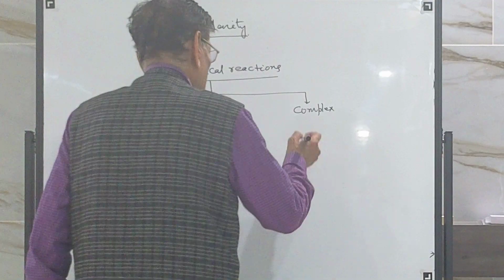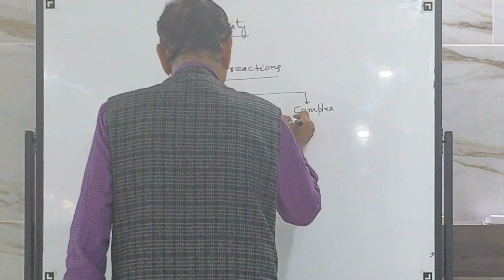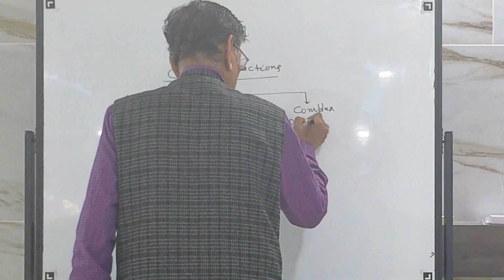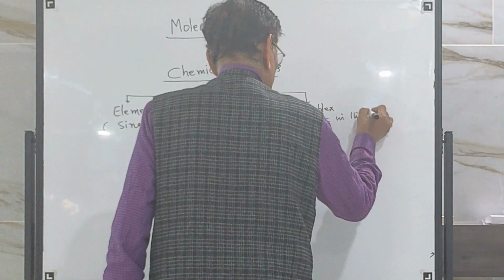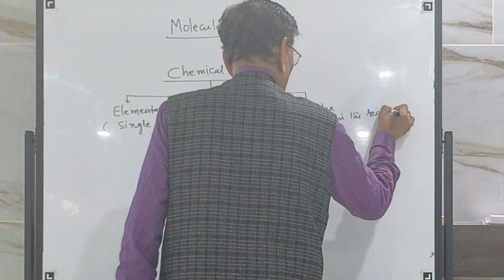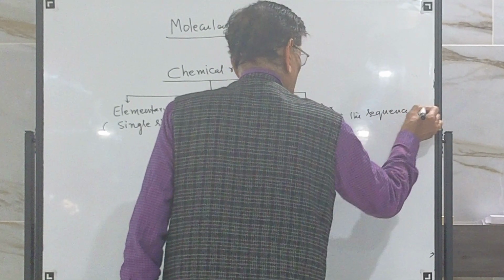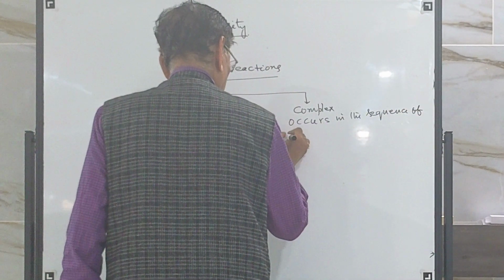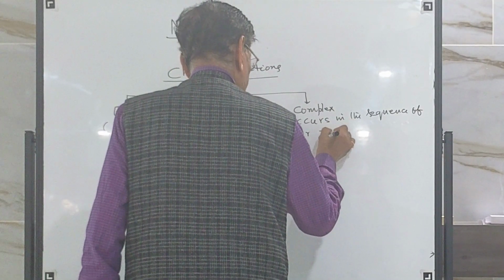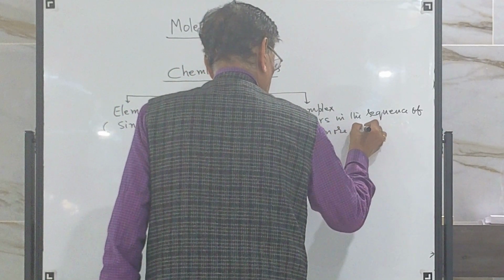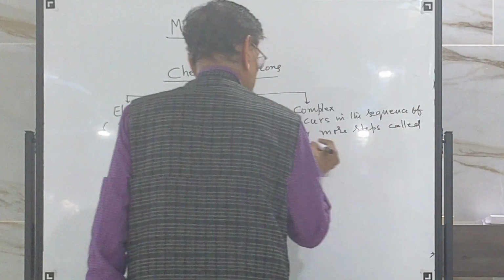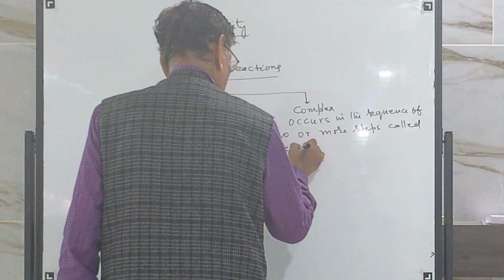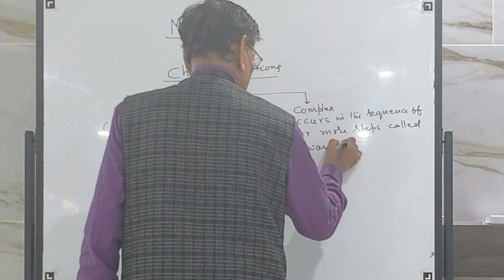And a complex reaction is one that occurs in a sequence of two or more steps, called the reaction mechanism.